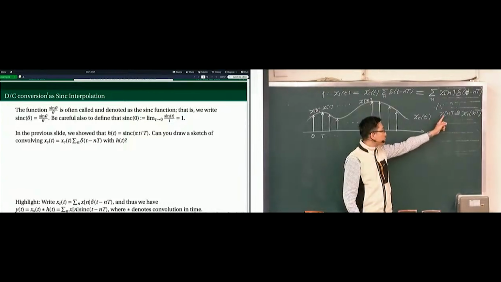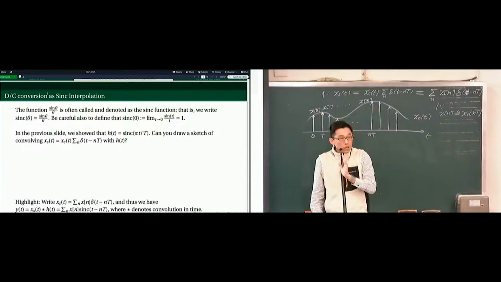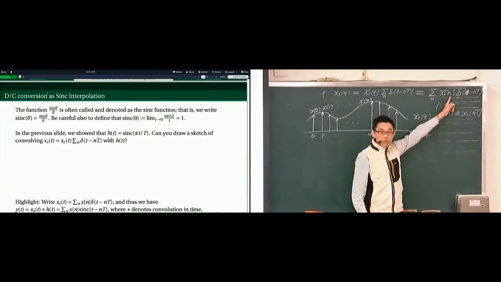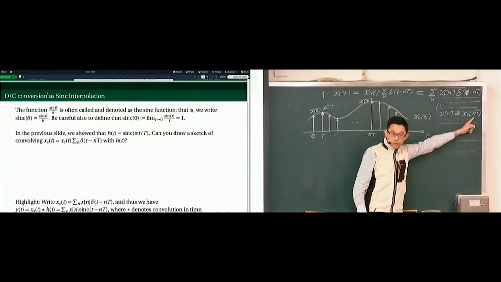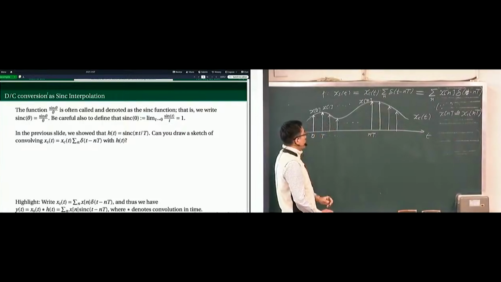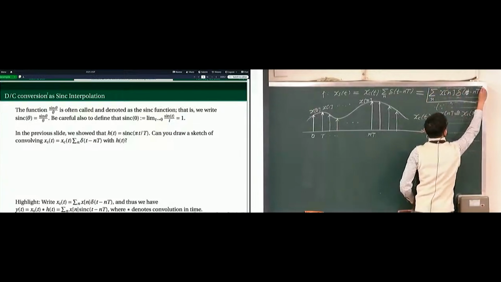You cannot plug in x bracket 1.5. That's not even allowed. So that's why here I just use n instead of nT. Whereas x[n] stands for x sub c at nT, you are correct about that. Does that answer your question? I really like this expression because it allows us to see.